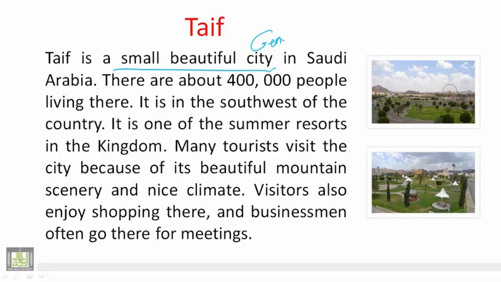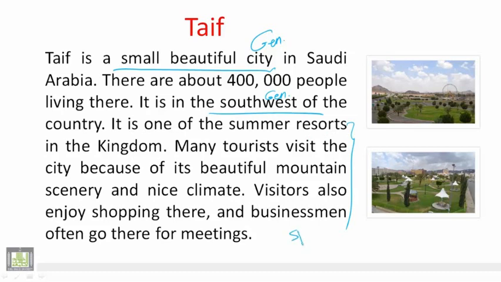Also, there are about 400,000 people living there, and we have southwest, it is the location. Also it is general, but the rest, which is it is one of the summer resorts in the kingdom, this is specific.